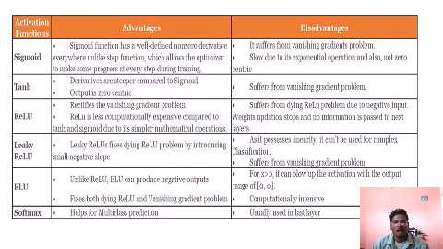ELU: unlike ReLU, ELU can provide negative outputs, fixing both dying ReLU and vanishing gradient problems. Disadvantage: for x greater than 0, it can blow up the activation with an output range of 0 to infinity. Softmax helps with multi-class predictions and is usually used in the last layer.